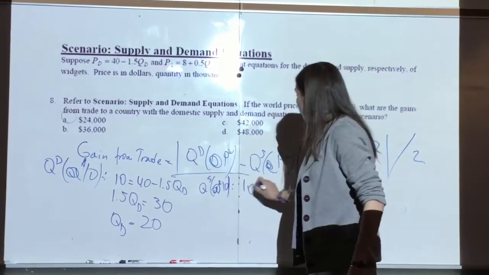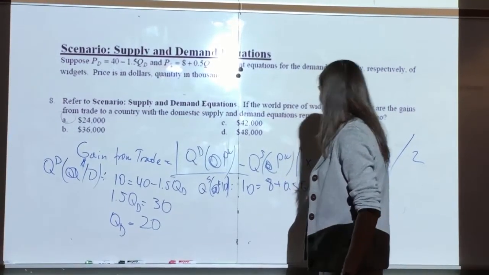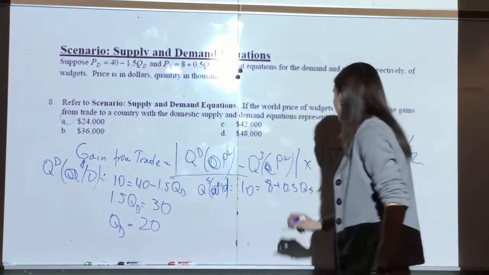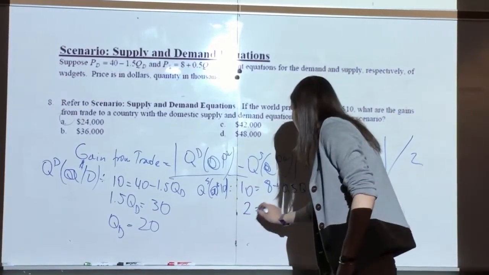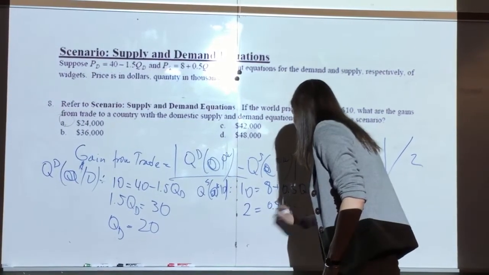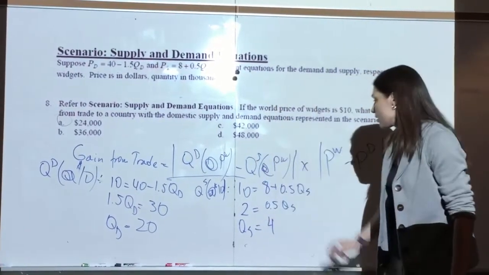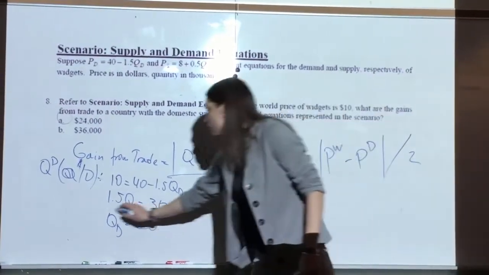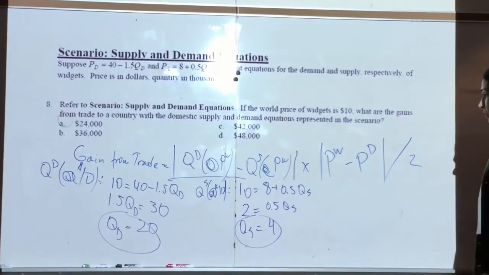This is 10 equals 8 plus 0.5 quantity supplied. 2 equals 0.5 quantity supplied, so quantity supplied equals 4. So the difference between quantity demanded and quantity supplied is going to be 16.